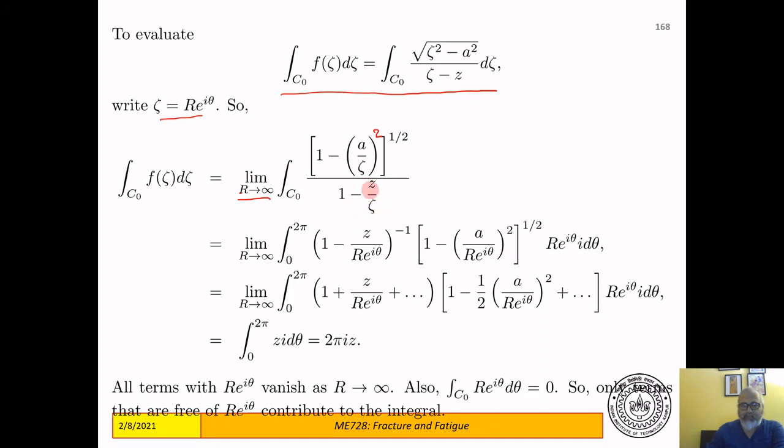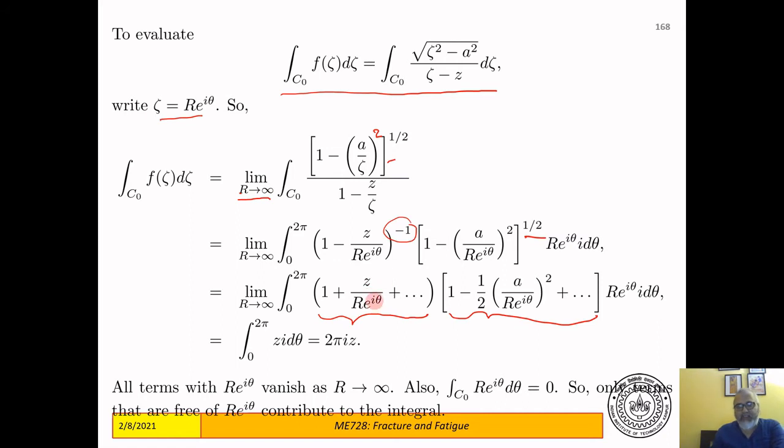binomial expansions of this. So this is z by r e to the power i theta inverse. This one is 1 minus a by r e to the power i theta whole square, and square root of that. Both we can expand in terms of binomial. So this is the expansion of the minus inverse, and this is of the half.